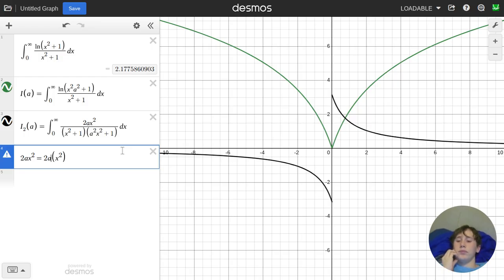I don't remember where to go from here, because I'm not good at the polynomial tricks, all that stuff.